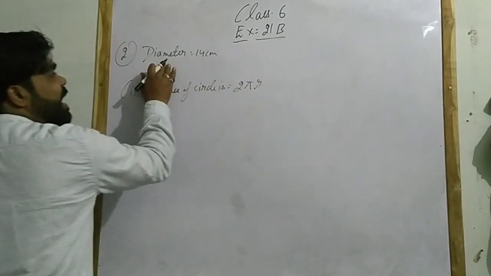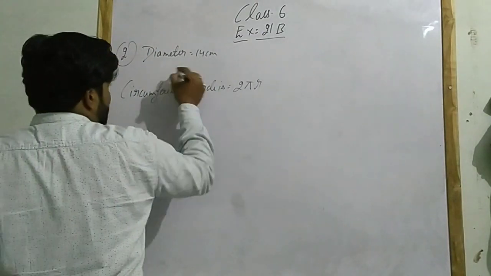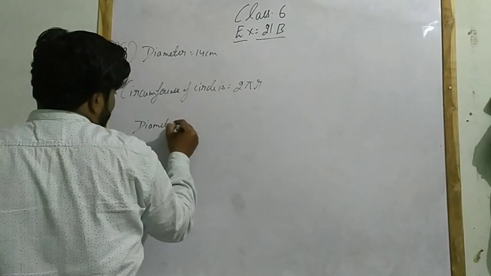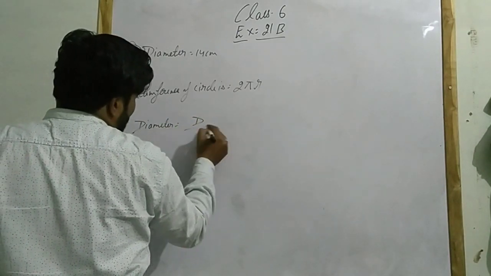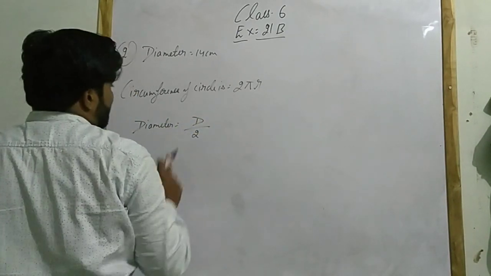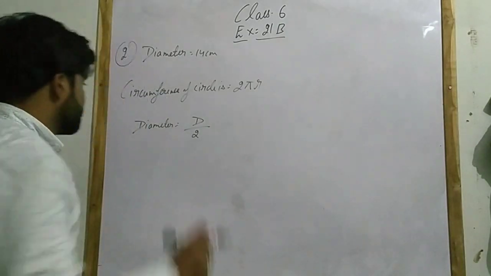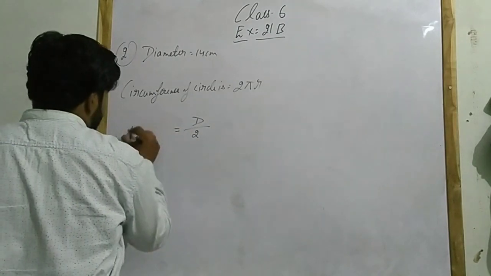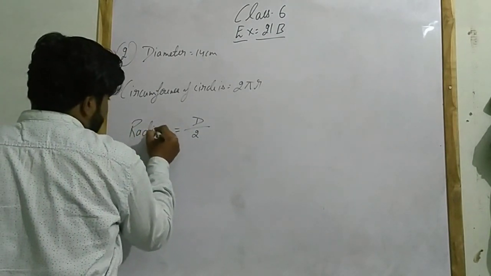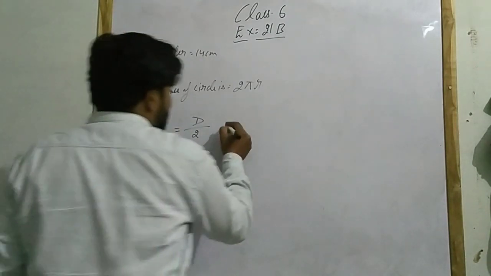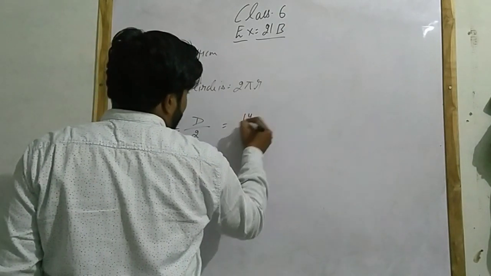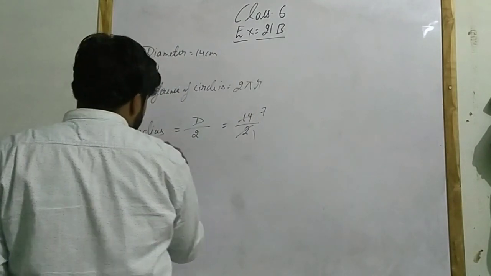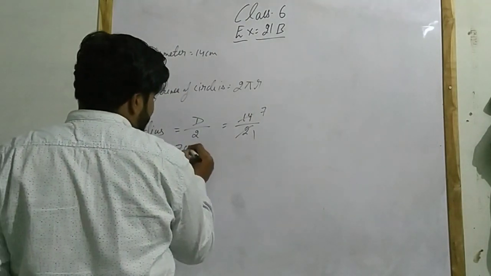Here the diameter is given, so if you have to find the radius, then radius equals d upon 2. Diameter is 14 upon 2. 2 sevens are 14. So the radius r is 7 centimeter.